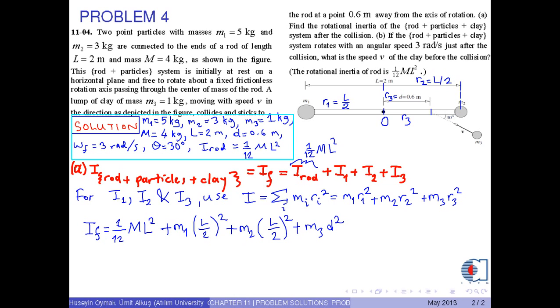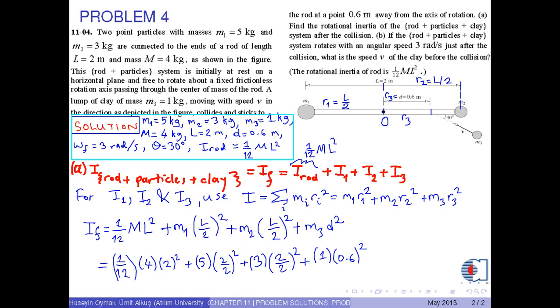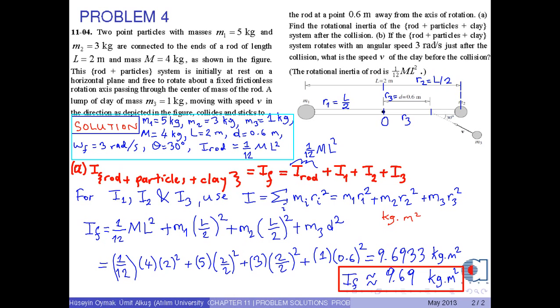Now we substitute the corresponding numerical values into this equation. Therefore, we calculate the rotational inertia of the system after the collision as 9.6933 kilogram meter squared, approximately 9.69 kilogram meter squared.